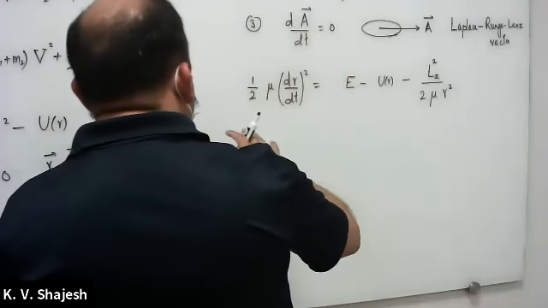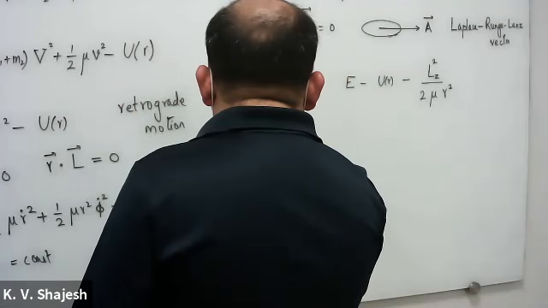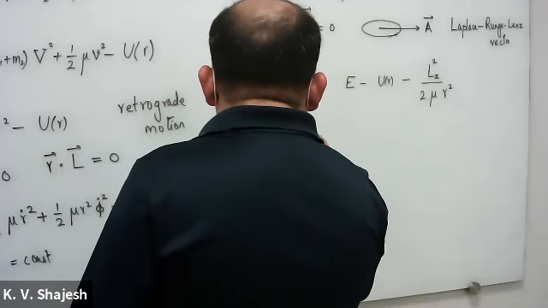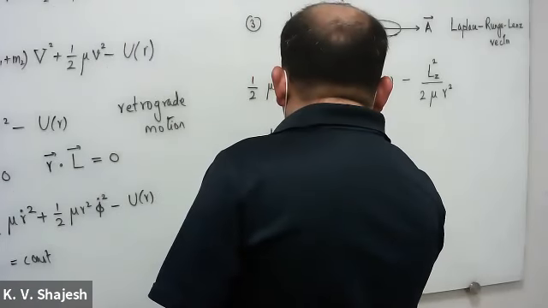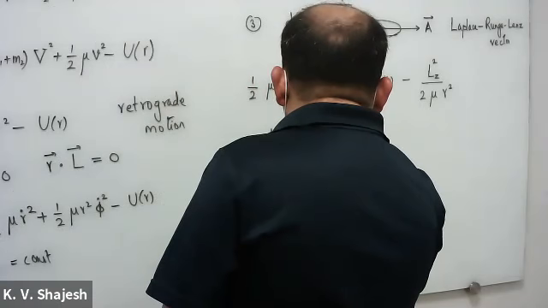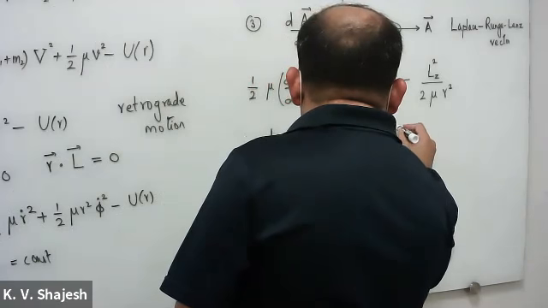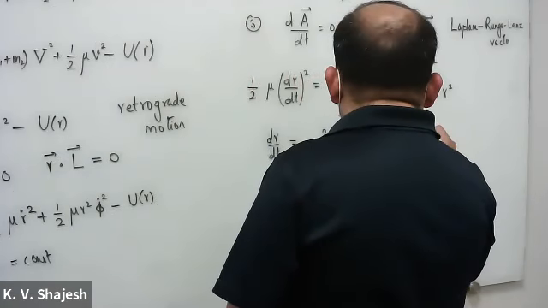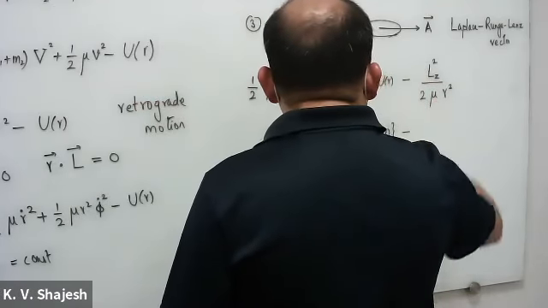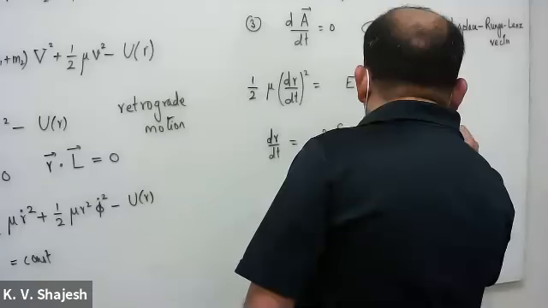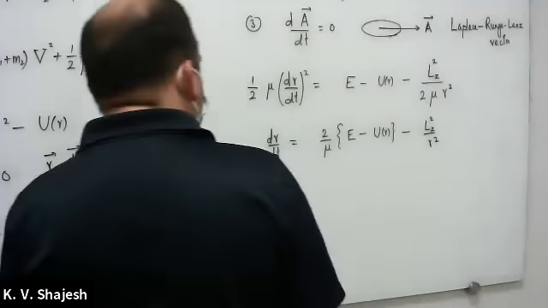Okay, so that's what it is. Let me process this a little bit. So dr by dt is equal to the square root of 2 over mu times E minus U of R minus, I'm multiplying by 2 over mu, the factor of 2 cancels out, mu cancels out, so that's L_z squared over R squared.